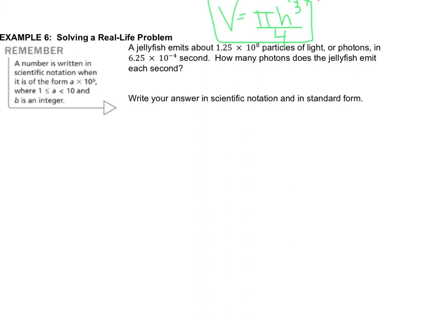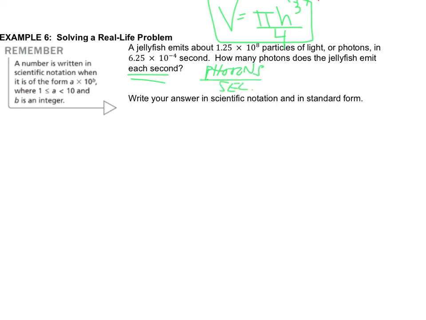So here we have certain jellyfish that are emitting particles of light in a certain amount of seconds. How many does the jellyfish emit each second? So looking at that, each second tells me I am looking at photons per second.